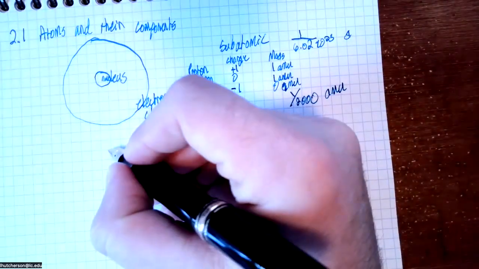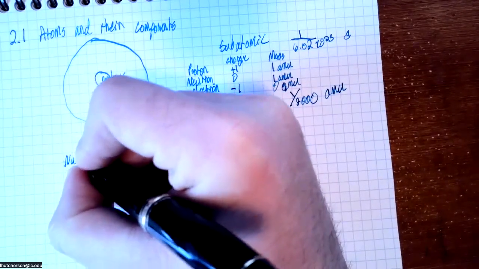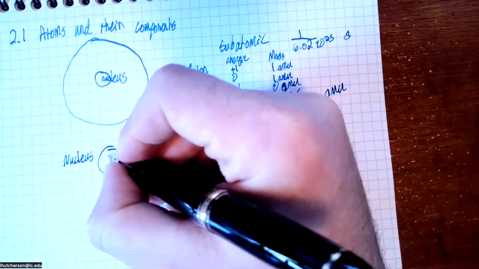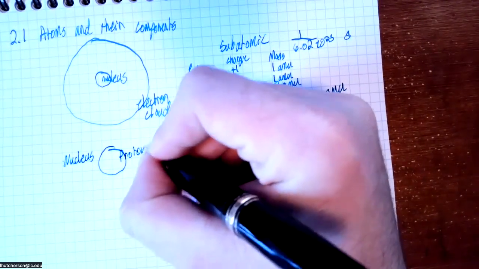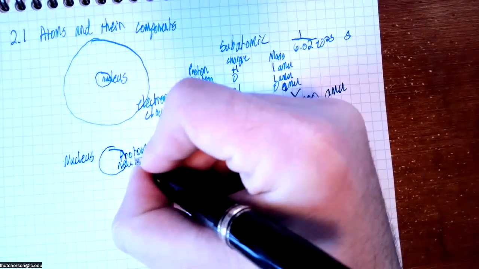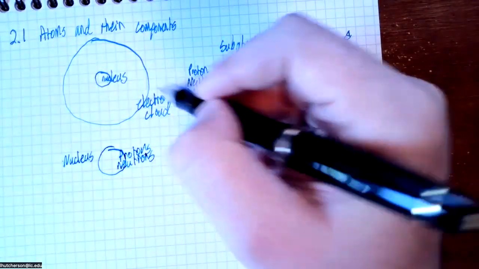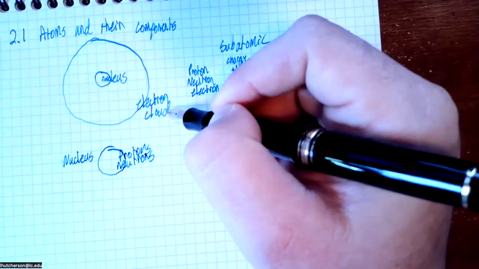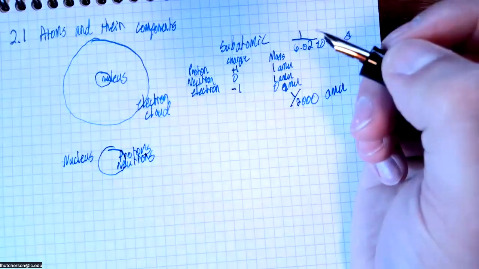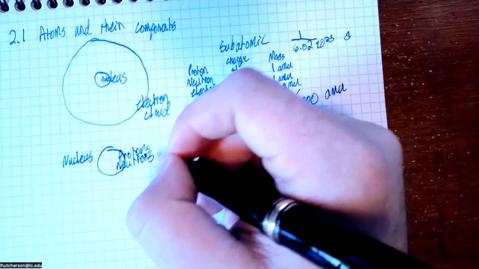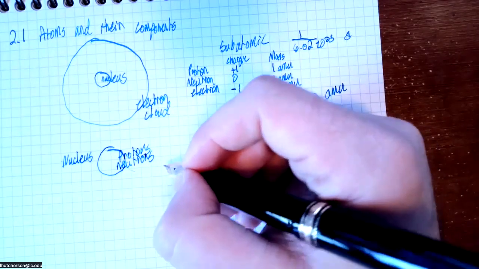Now, within the nucleus, we find protons and neutrons. And of course, in this area outside the nucleus called the electron cloud, we find electrons. So protons and neutrons are in the nucleus, electrons are in the electron cloud.